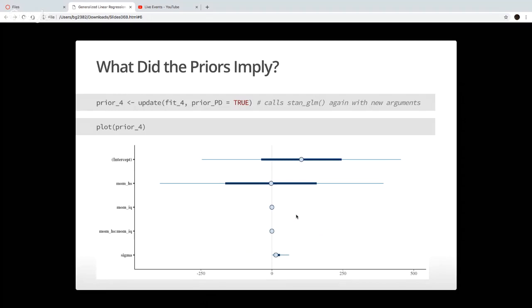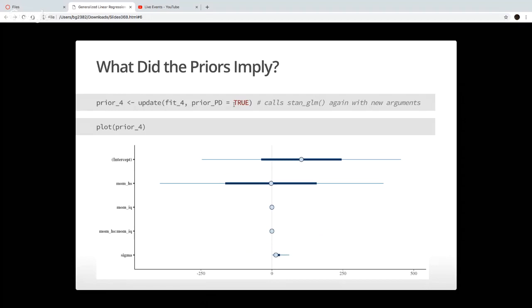It's not even totally obvious because we're doing a lot of tricks behind the scenes. But one thing that you can always do is call one of the models with the prior_PD equal true argument. This just draws from the prior. It doesn't condition on the observed data. So you get back a posterior object, but one that didn't condition on the outcomes.